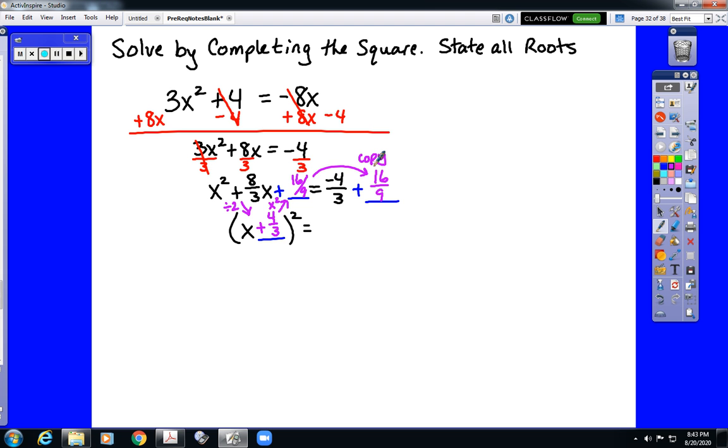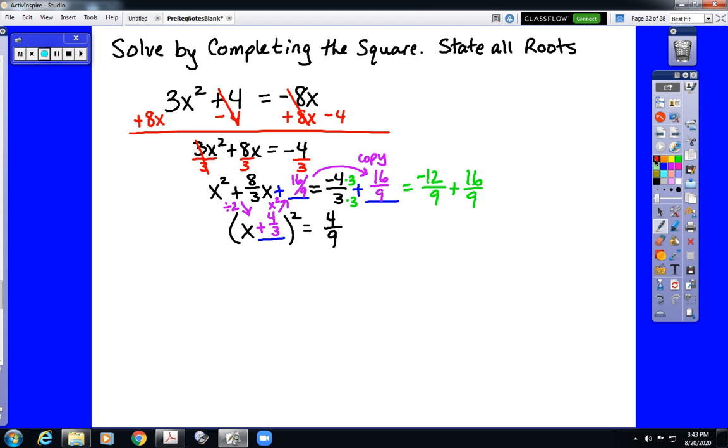So we have negative 4/3 plus 16/9. We need a common denominator, which would be 9. So we multiply the bottom and the top by 3, and that gives us negative 12/9 plus 16/9. Add those together, negative 12 plus 16 would be 4/9.